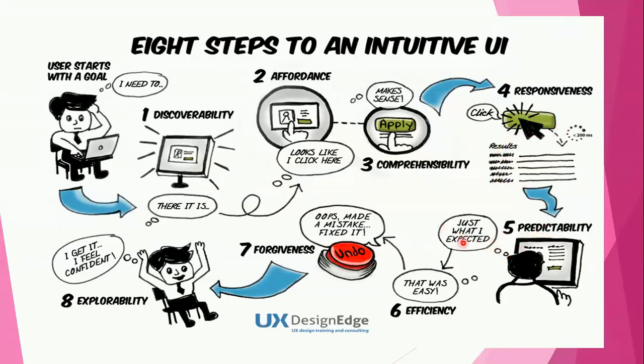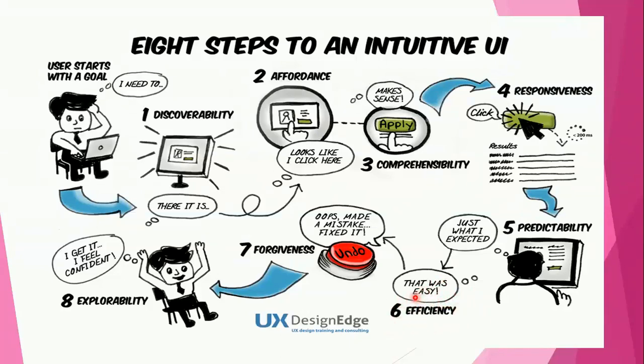Predictability means the user may think, this is just what I expected, and that has been displayed on the screen, so he feels that was easy. If predictability is there, then efficiency will also go high.